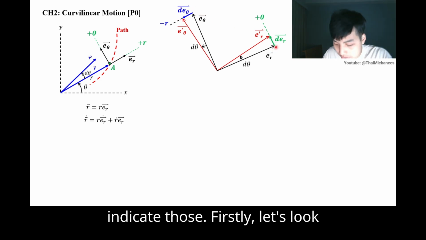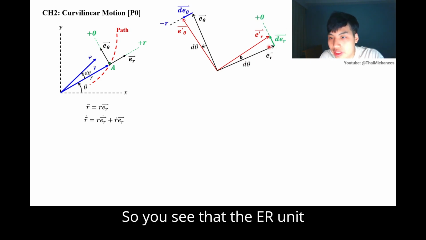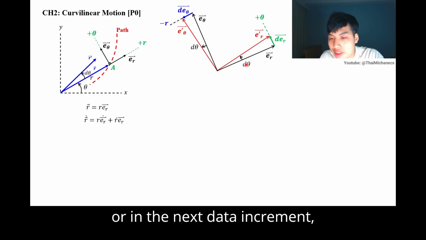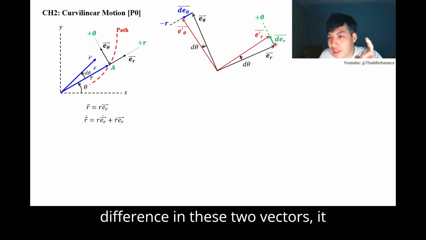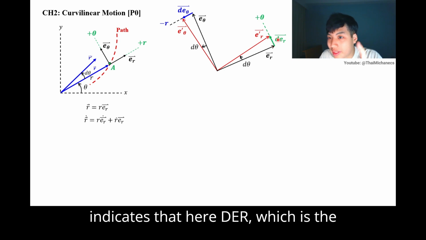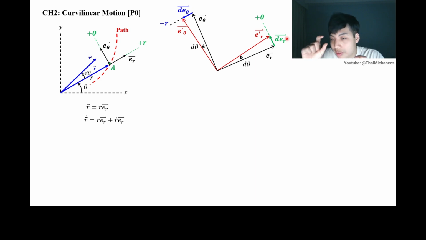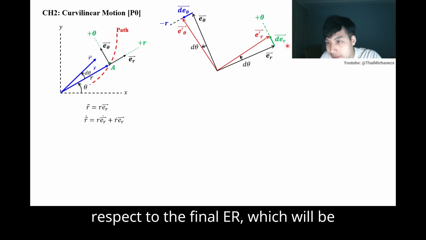Firstly, let's look at the green one. You see that the e_r unit vector here is at the first time step. In the next time step, e_r prime is indicated by the red arrow here. So the difference in these two vectors is indicated here as d e_r, which is the difference from the original e_r to the final e_r, shown in this green arrow.